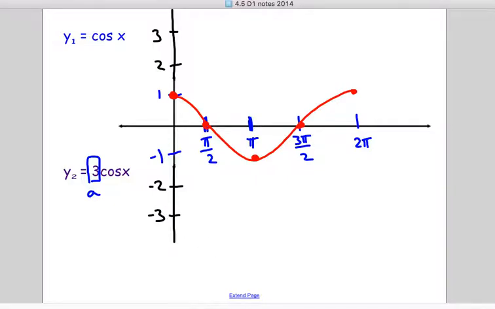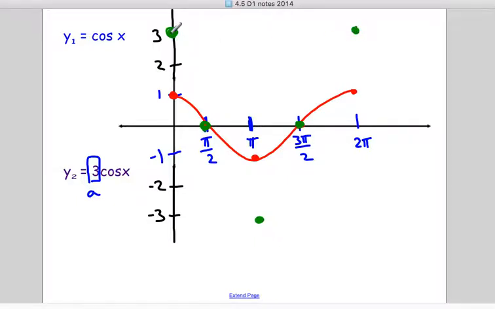Okay. So all it does is it stretches the top of the bump up to 3. This will still be at 0. This bottom of the bump will stretch down to -3. This will stay at 0. And this top of the bump will stretch up to 3.